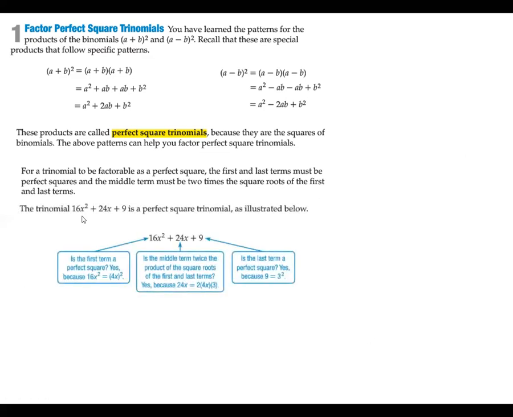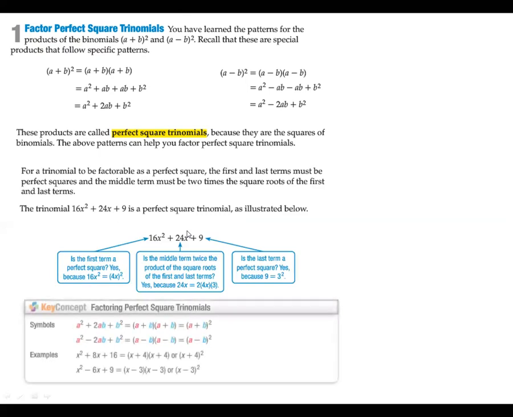The trinomial 16x squared plus 24x plus 9 is a perfect square trinomial as illustrated. Notice the first term is the square of 4x. The last term is the square of 3. And the middle term is twice the product of those two. If I do 4x times 3, that would give me 12x. And if I double it, I get 24x. So it fits the pattern.